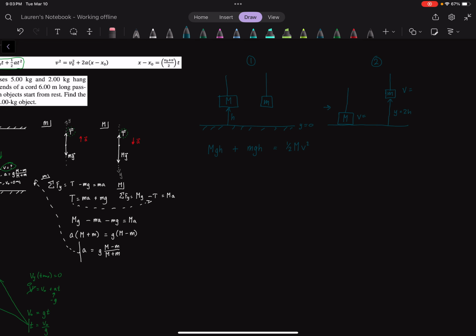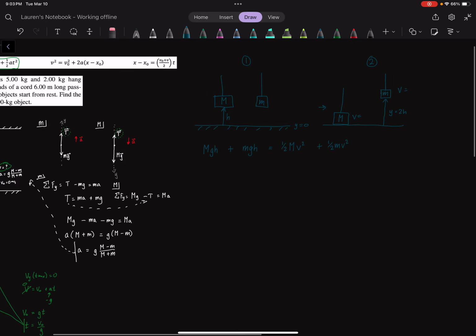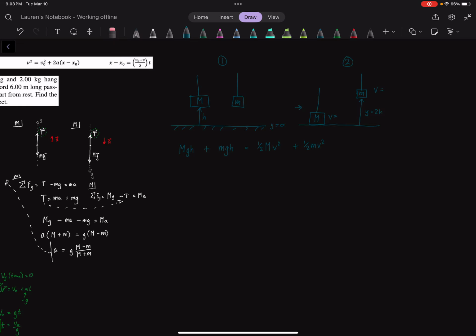Since we are ending this energy analysis right when the mass hits the ground, the velocities will be the same between the two masses. They're connected together. The rope hasn't scrunched yet. So we will also have 1/2 little m v squared for the other guy, kinetic energy. And then we have big M at 0 gravitational potential energy, but little m is at m g 2h, in other words.